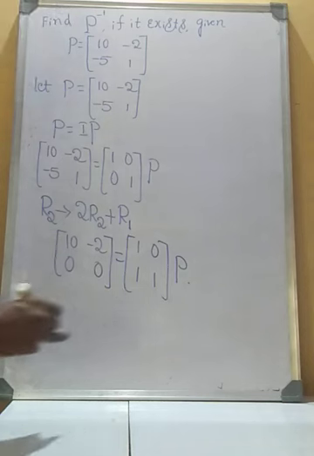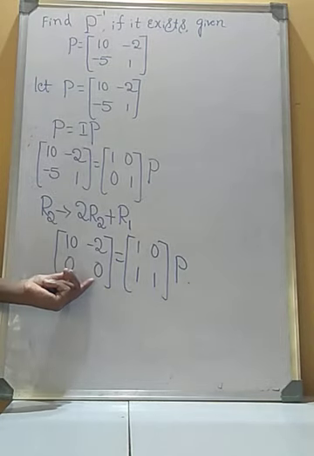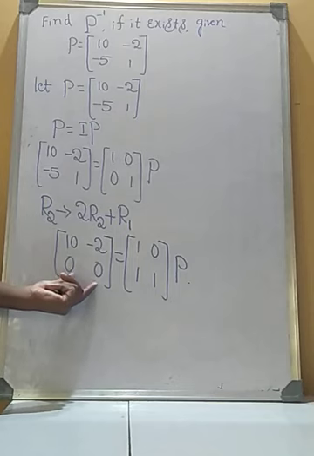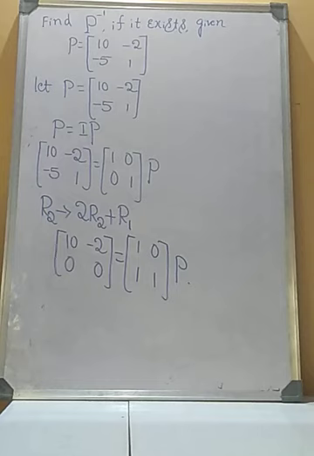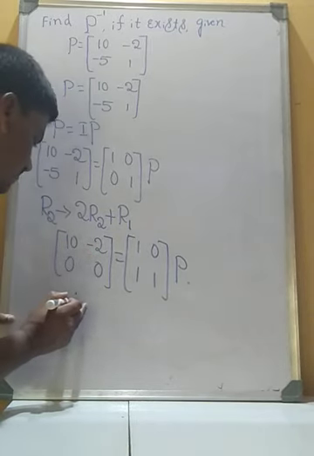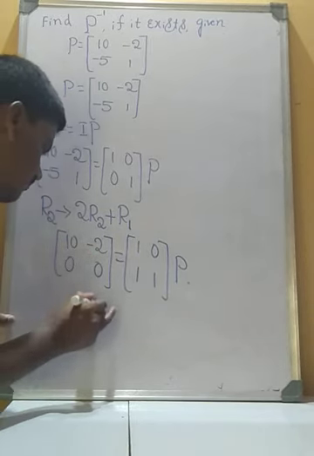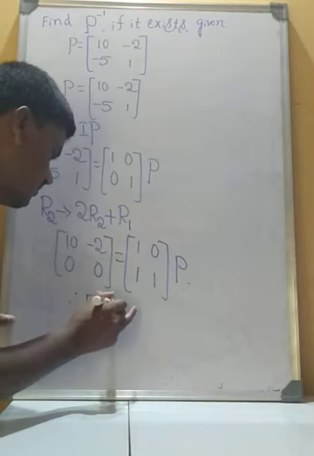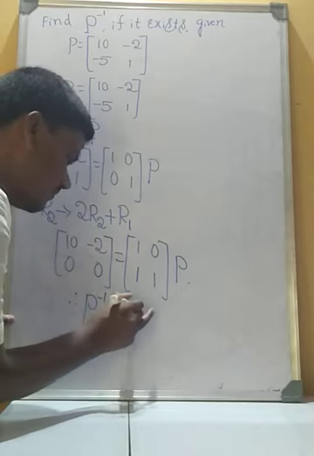So observe here, in the left hand side matrix we have all zeros in the second row. The second row becomes all zeros, both elements are 0. So therefore, when we get a matrix like this, P inverse does not exist.